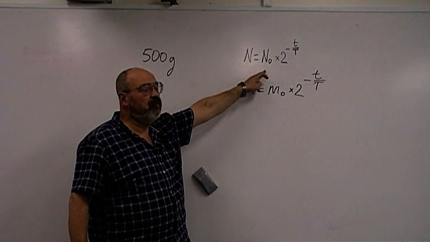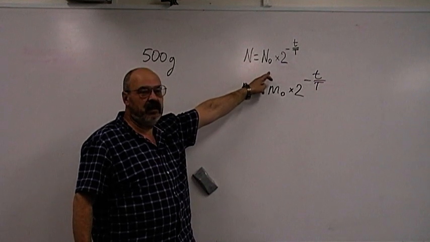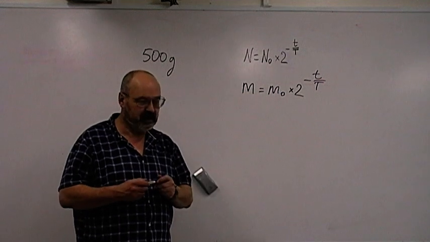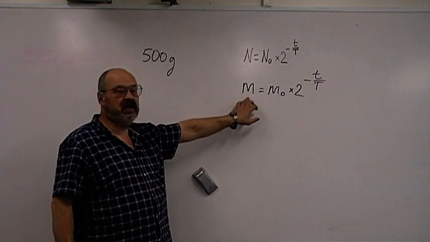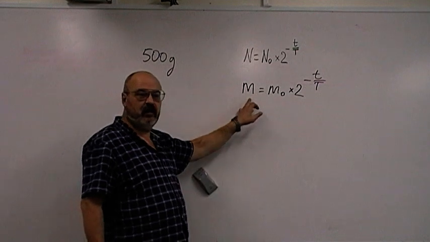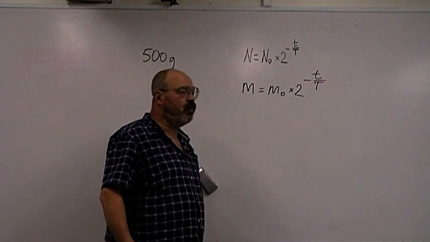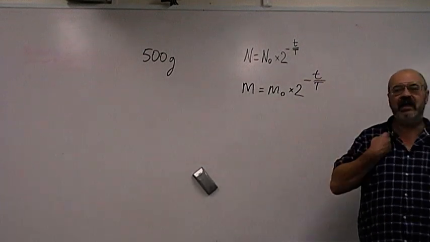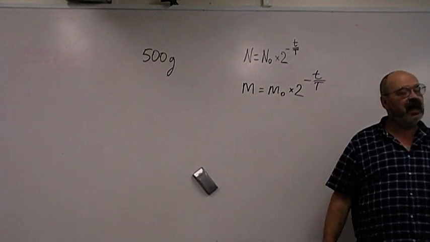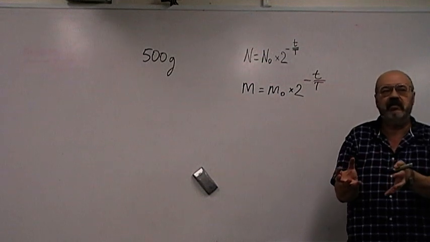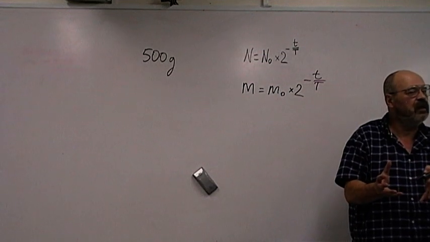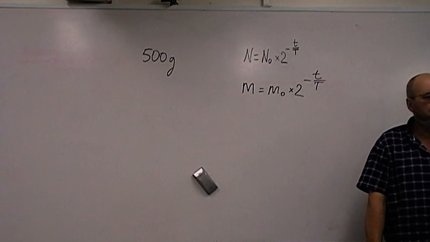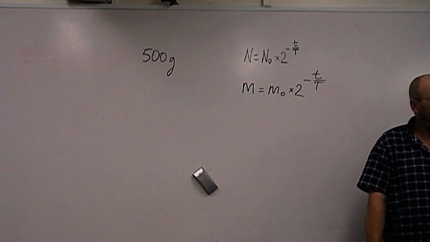This is the initial mass of material, and M is the mass of undecayed material, and N the number of undecayed atoms. Now, when I say mass of undecayed, if you have some sampled material, does its mass change over time?